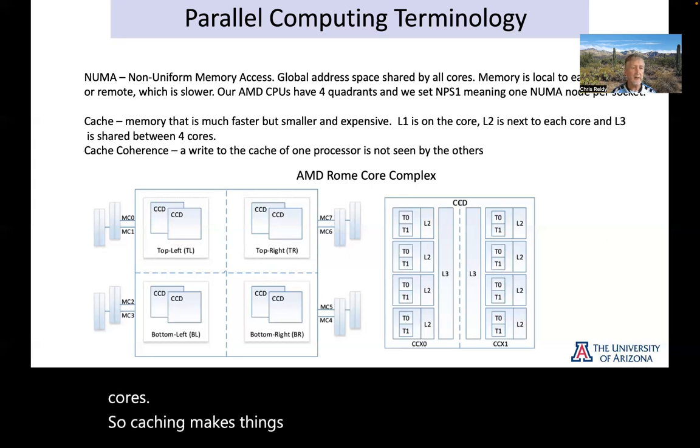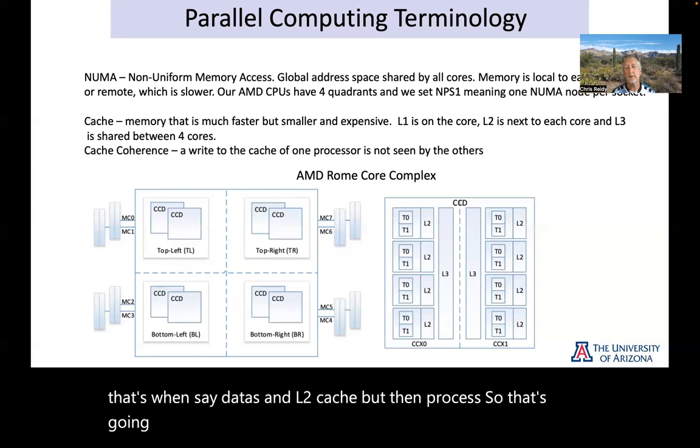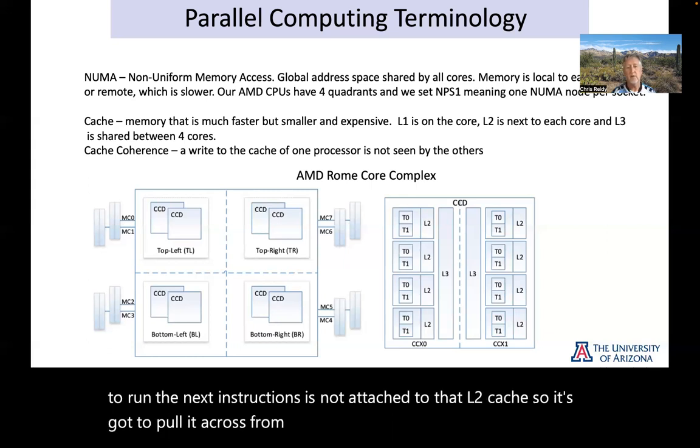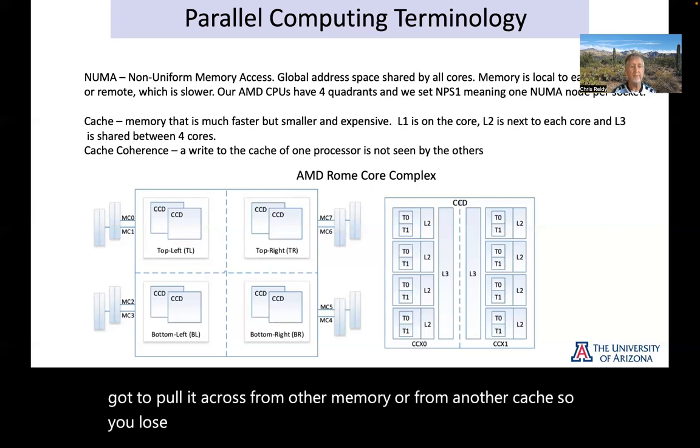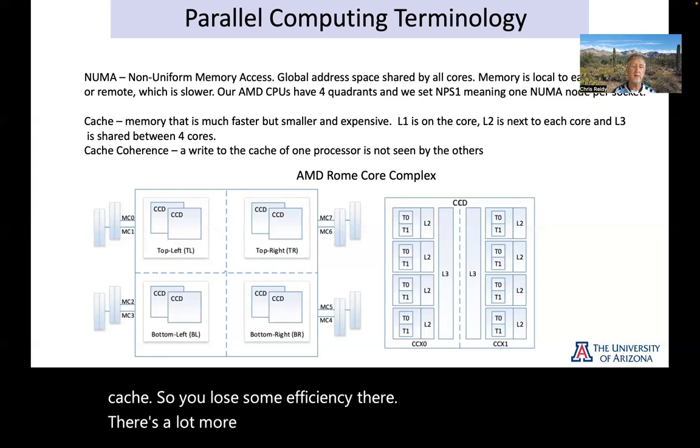There's a term, cache coherence, and that's when, say, data's in L2 cache, but the processor that's going to run the next instructions is not attached to that L2 cache. So it's got to pull it across from either memory or from another cache. So you lose some efficiency there. There's a lot more to caching and all that information, but again, this is just kind of an overview.